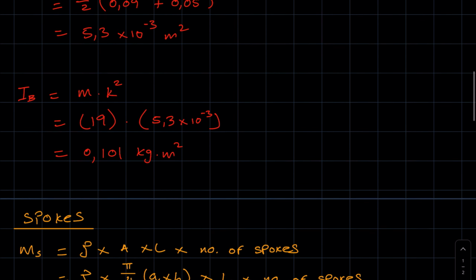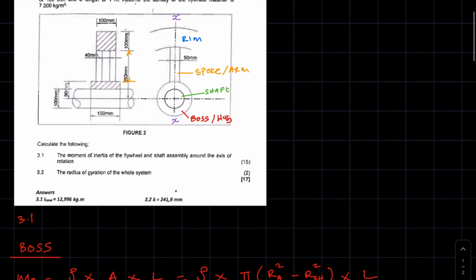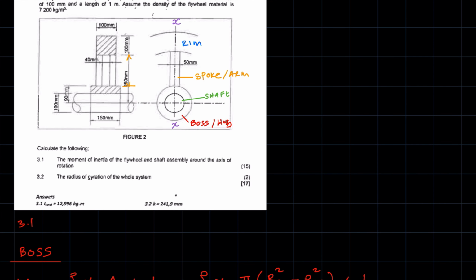Remember, to calculate the mass, since we have the density, it will be rho times the area of the shaft times the length of the shaft. Now we have the diameter of the shaft and we have its length. The shaft is this one.